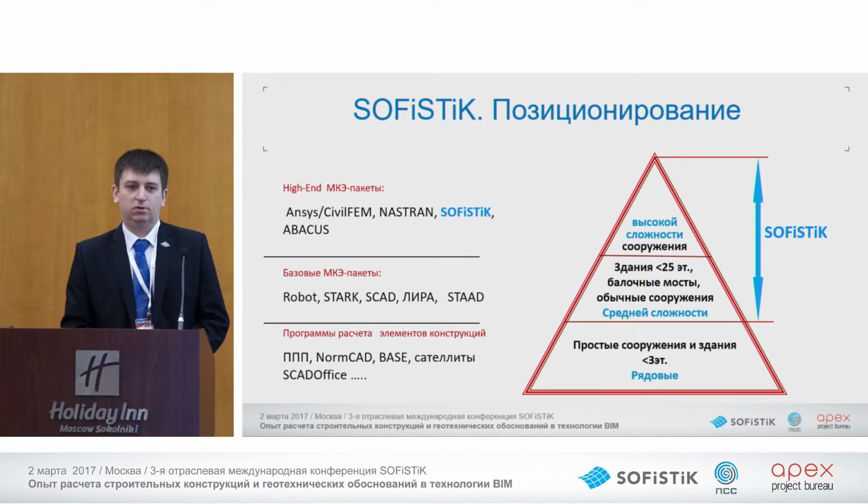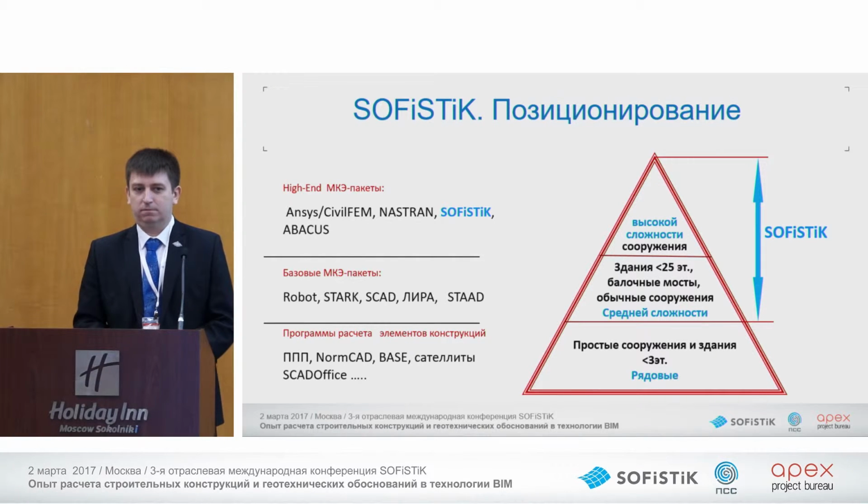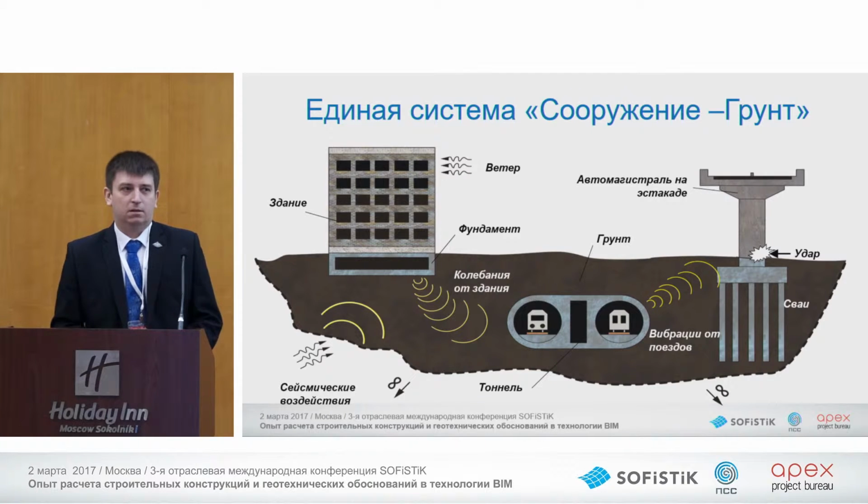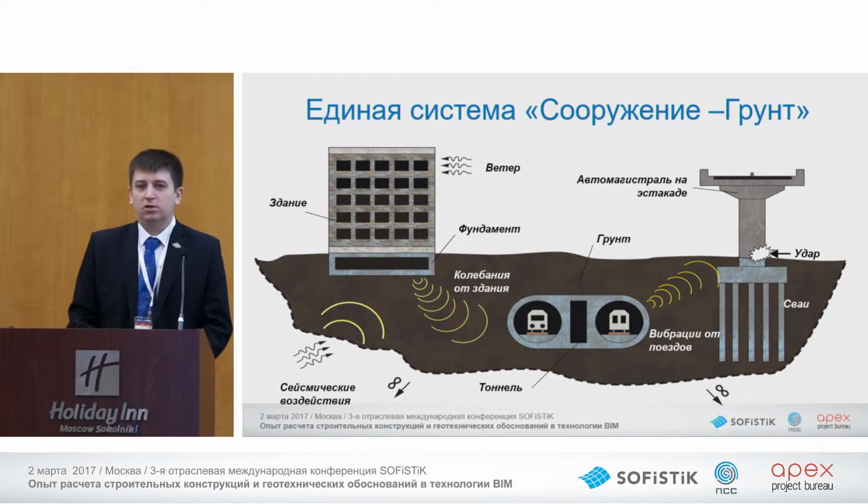And you can compare SOFiSTiK to Robot, to Stark, to Lyra, to Stad, or you can use it for highly complex structures and buildings. And SOFiSTiK can be compared to Nevastream and other sophisticated software.